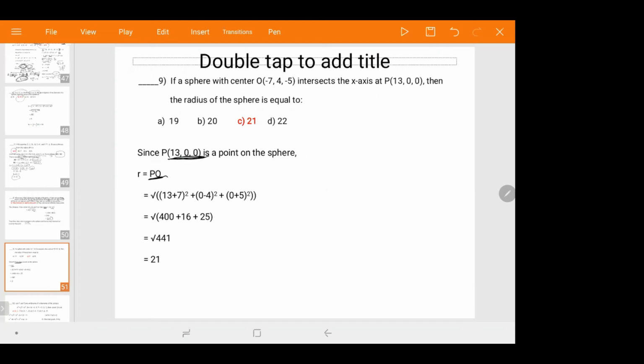Using the distance formula, the distance between P and O will be 13 minus -7, 13 plus 7, the whole square, plus 0 minus 4 the whole square, plus 0 minus -5, 0 plus 5, the whole square. So 13 plus 7 is 20, 20 squared, 400, plus -4 squared, 16, plus 5 squared, 25, and the sum is 441, and the square root of 441 is 21. Therefore, the radius of our sphere will be 21 units.